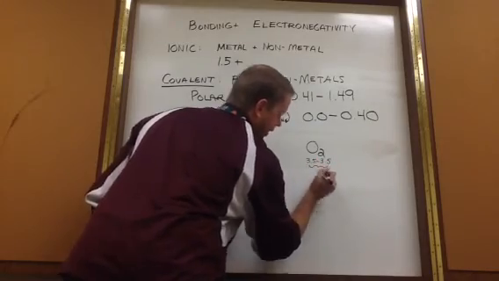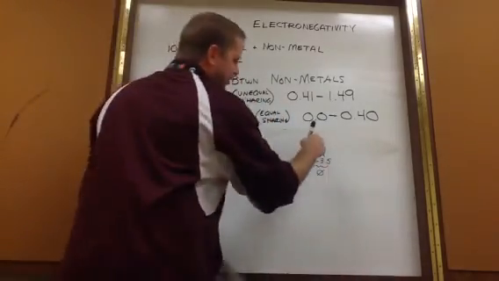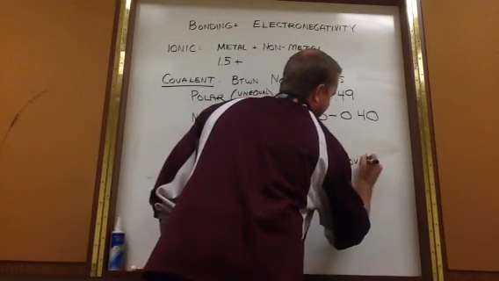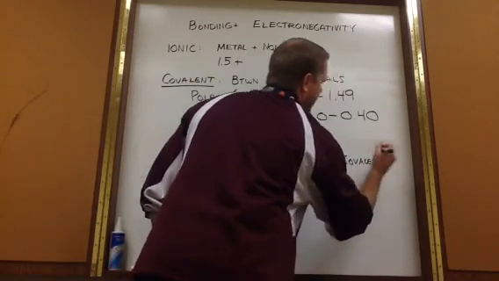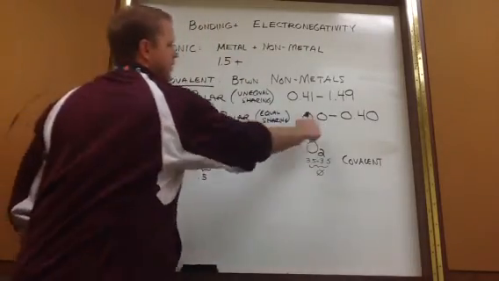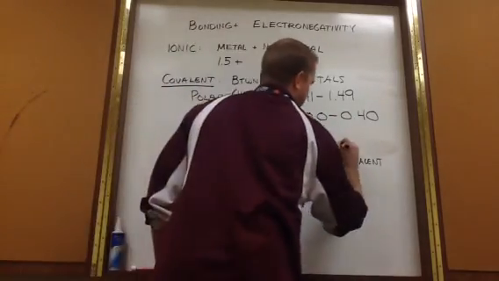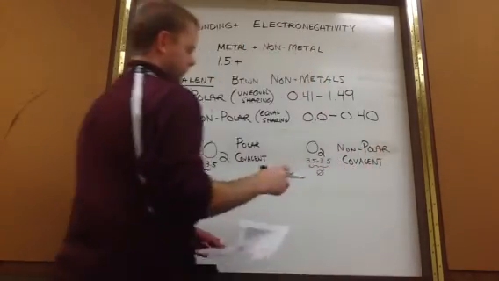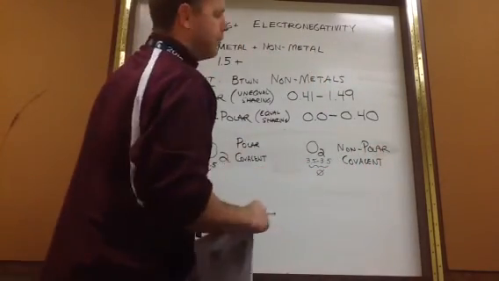And the differential there is 0. Oxygen is a nonmetal, oxygen is a nonmetal, therefore we're still covalent. And then when we go look at our chart, it tells us 0 to 0.4, this is nonpolar covalent. Hopefully that's enough examples for you to complete this page.